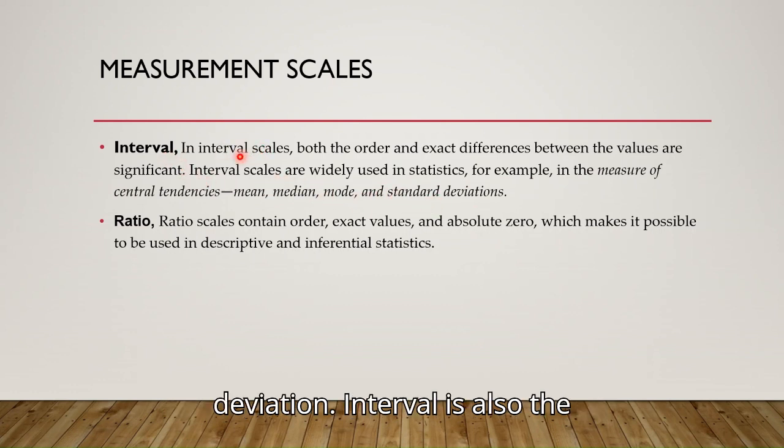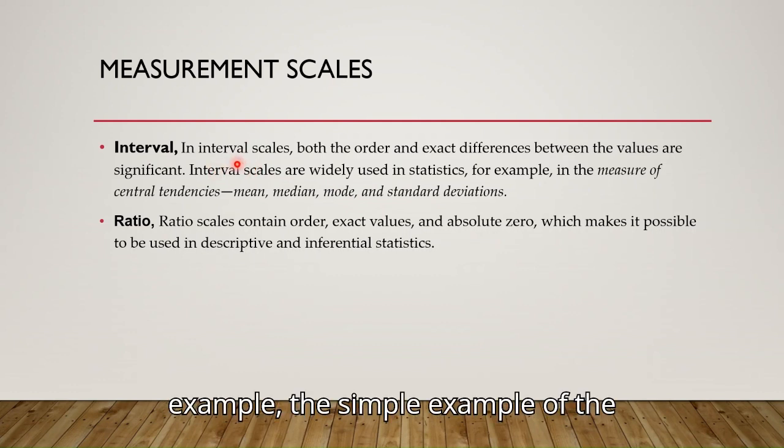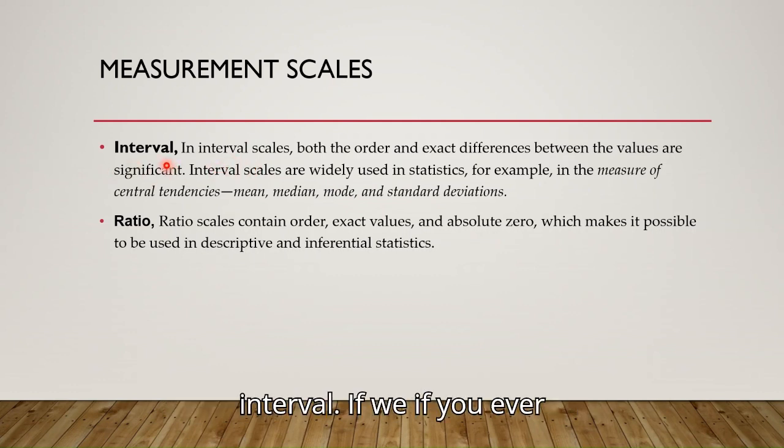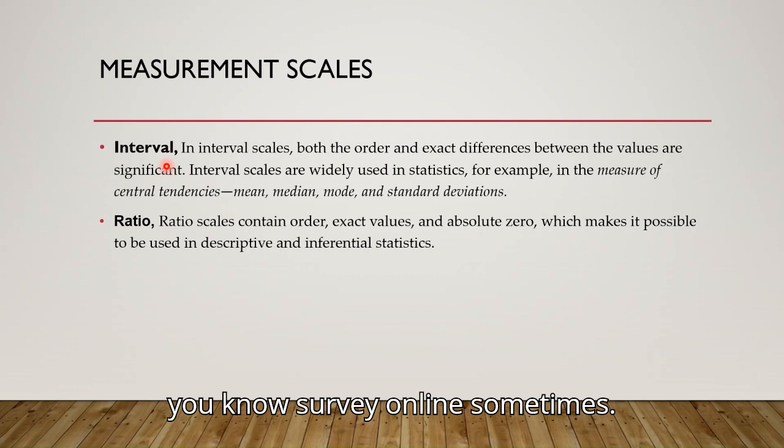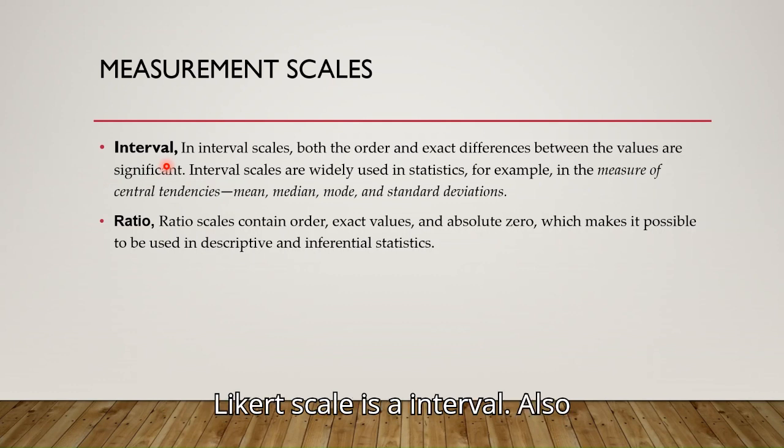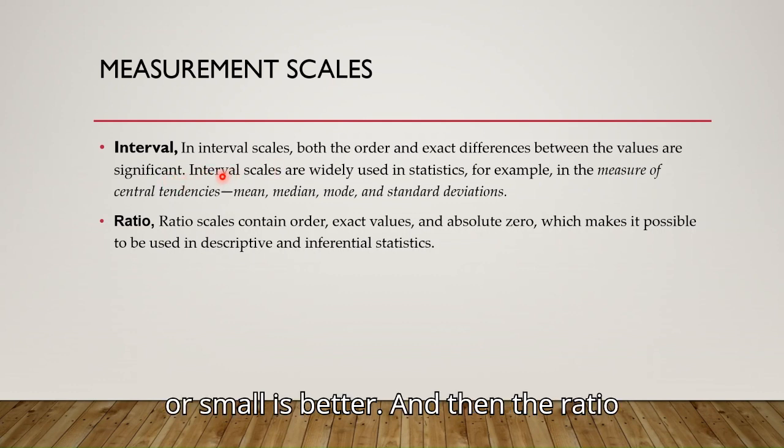A simple example of interval: if you ever filled out a survey online, it sometimes provides a Likert scale. So the Likert scale is also interval. If you are happy with us, type a 1, and then higher is better or smaller is better.